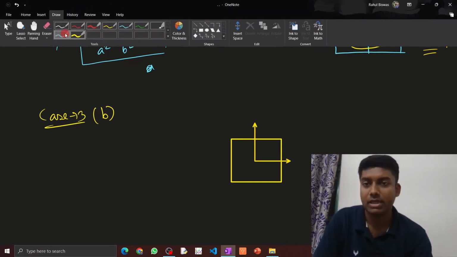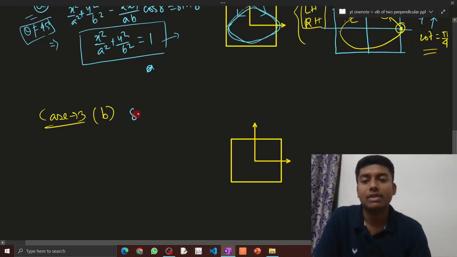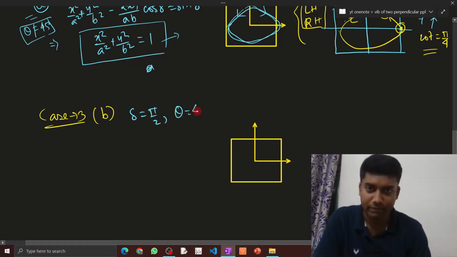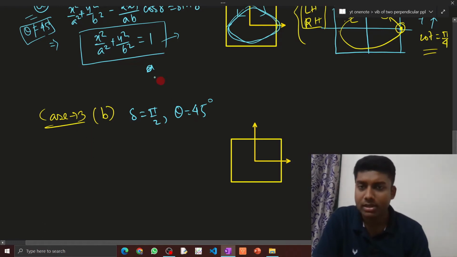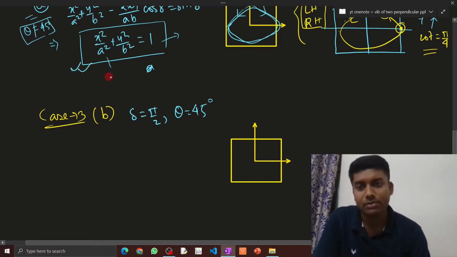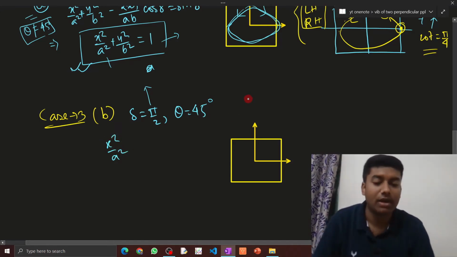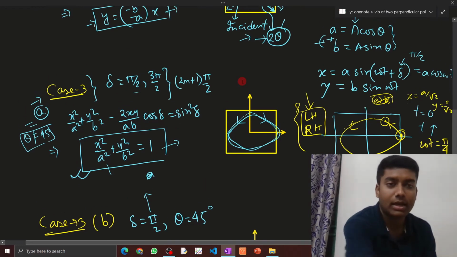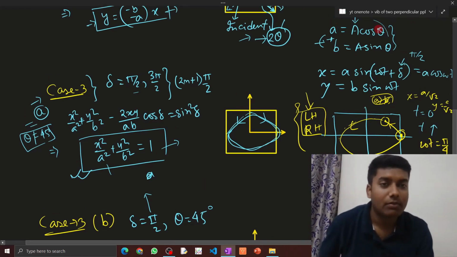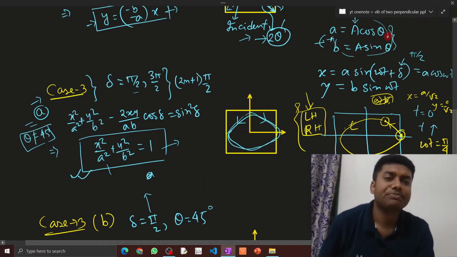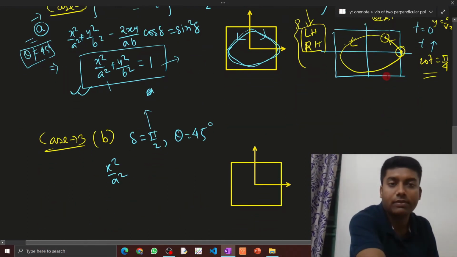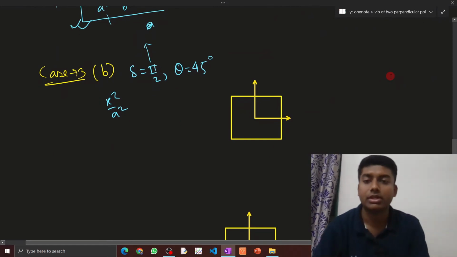This was subheading A. Now when all the things are the same, like delta is equal to pi by 2, but theta is equal to 45 degrees, then you can easily understand that a and b will be equal, as cos 45 and sin 45 are equal.